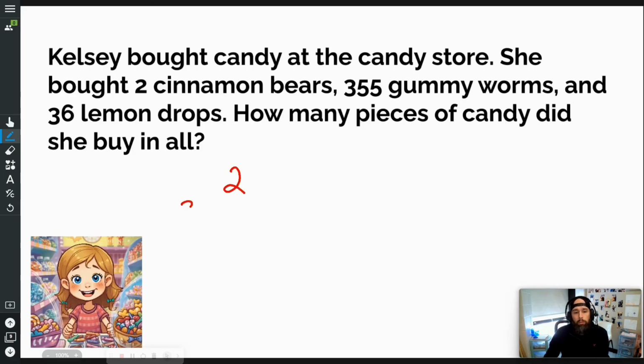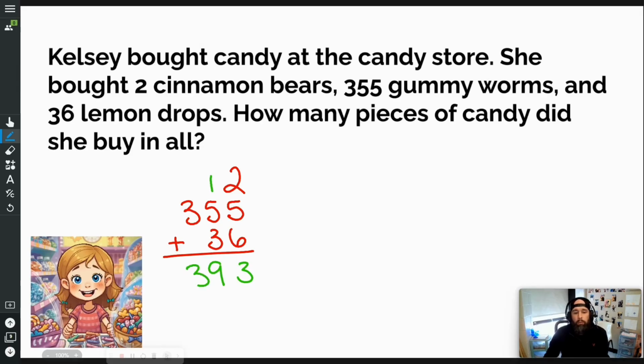2 plus 355, remember I stack everything to the right, plus 36. We're going to add them. All right, so start from the top right. 2 plus 5 is 7. 7 plus 6 is 13. Write out your 3. Carry the 1. 1 plus 5 is 6. 6 plus 3 is 9. Write out your 9.